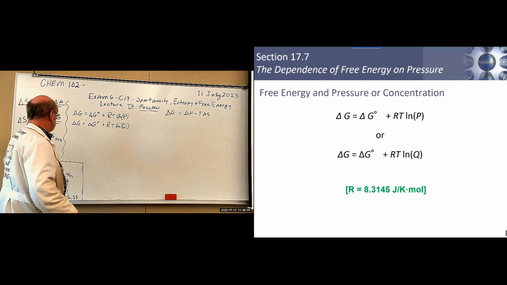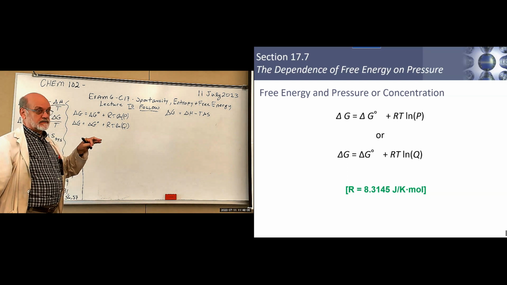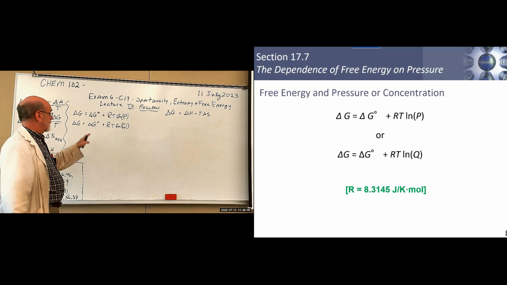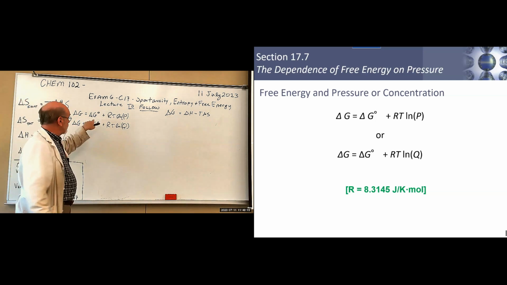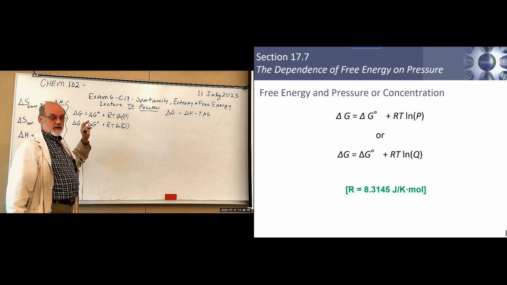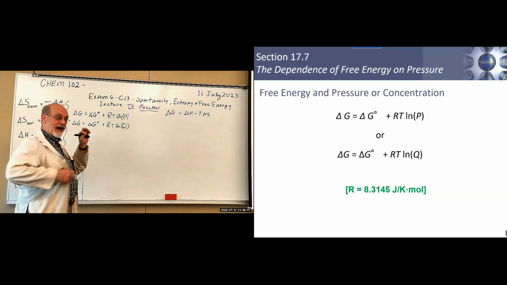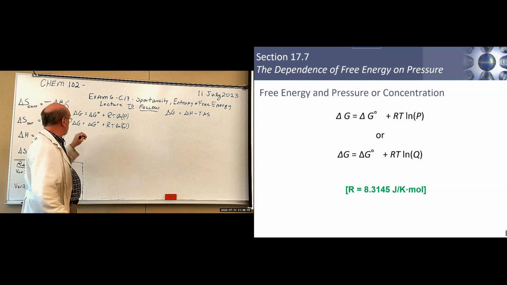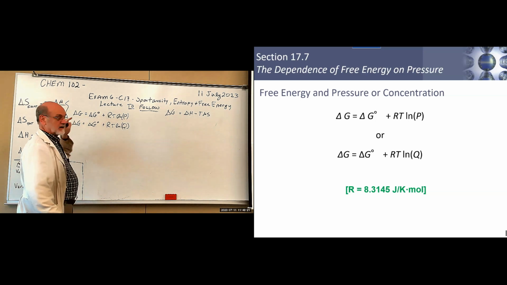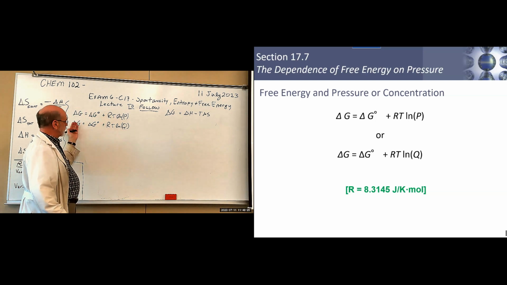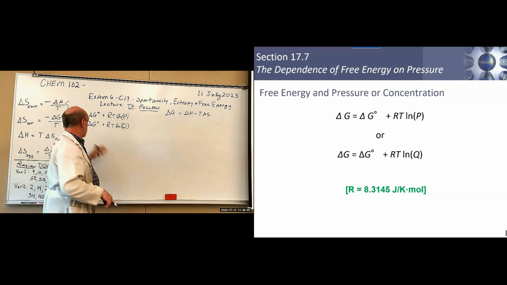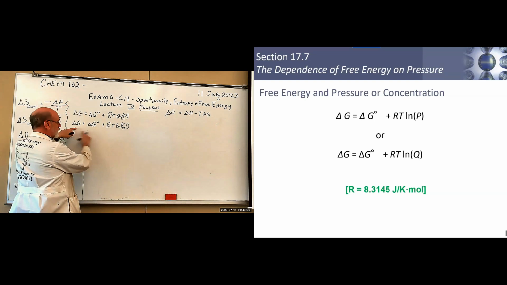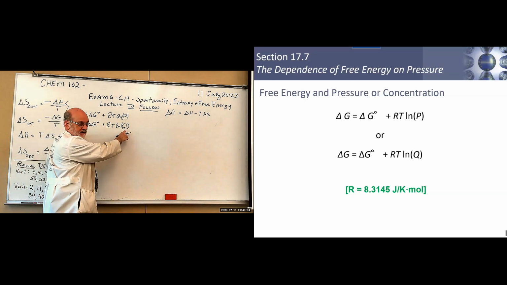So remember that if we're at equilibrium, the reaction is not going anywhere. And that means this value is going to be 0. That value will still be its value because it's under standard conditions. But under our conditions, if it's at equilibrium, that one is 0. So if we're at equilibrium, you can equate either one of these to 0. Okay. And of course, if this is 0 at equilibrium, what does that become?